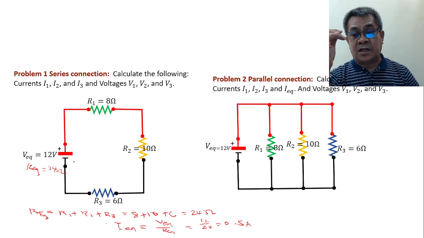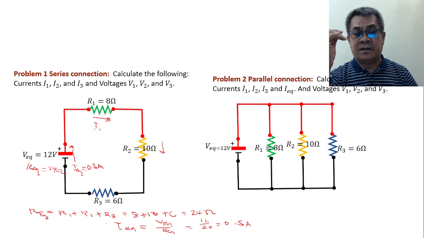Okay, so the I equivalent is 0.5 amps, and take note that current is constant, diba? So therefore, whatever current in equivalent, it is the same as in I1.